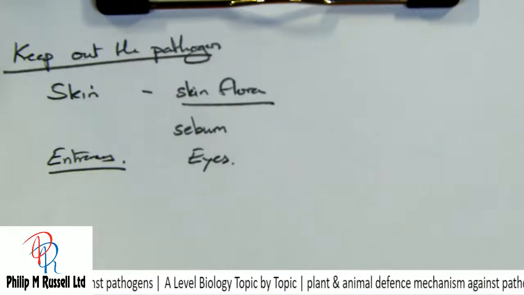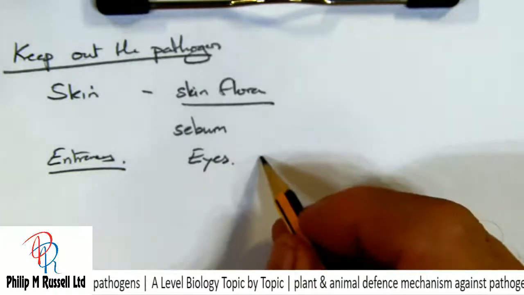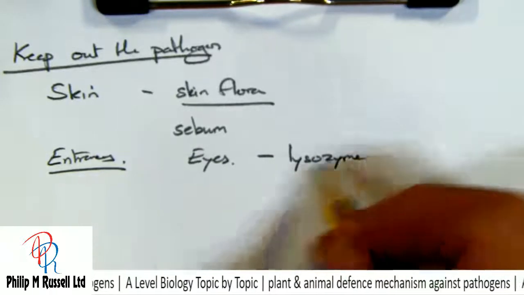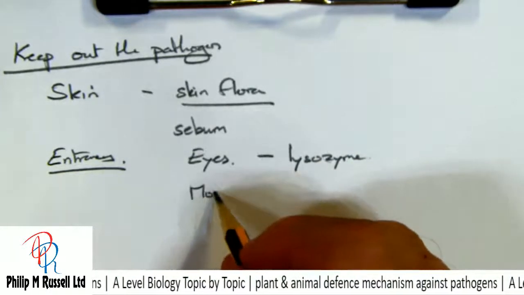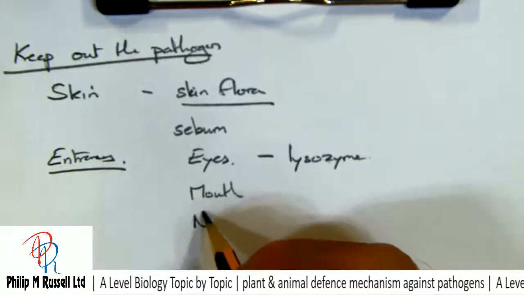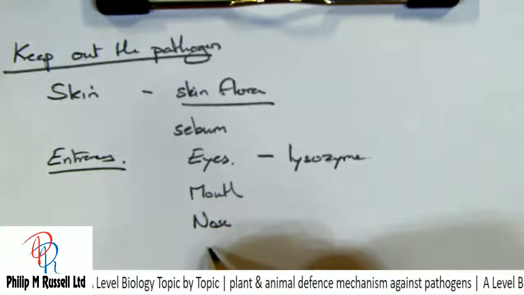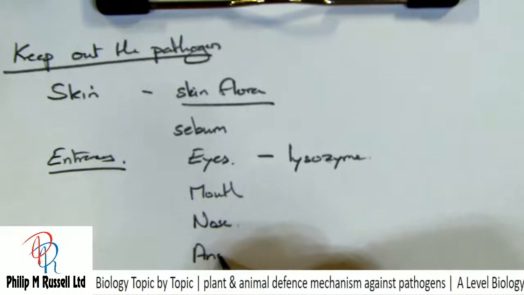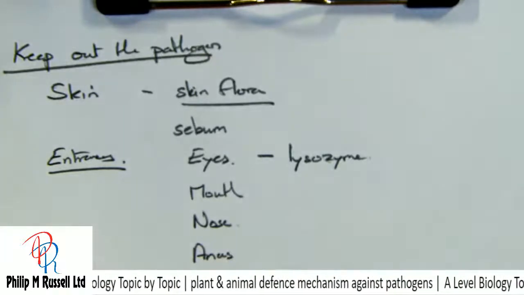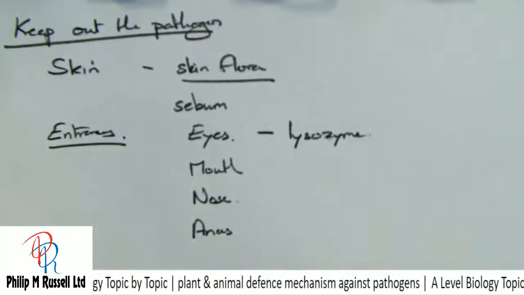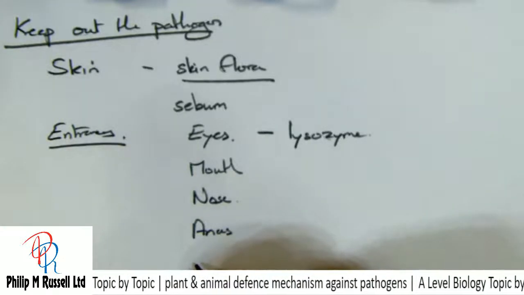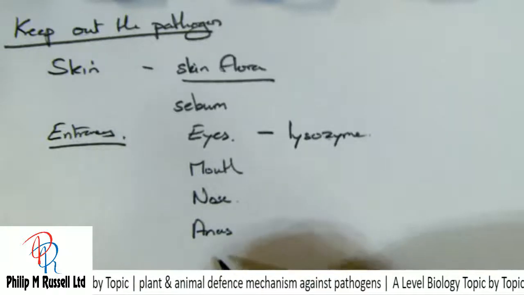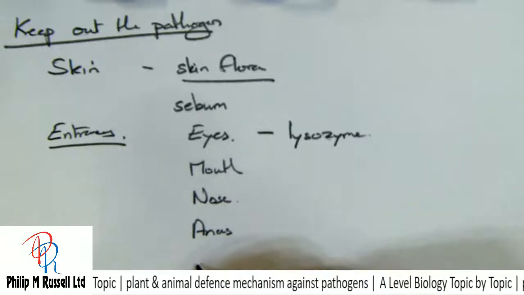Our other problem is, of course, other entrances. So we've got lysozyme, then we've got the mouth, the nose, not the ears, and the anus, and I suppose women will also have the vagina, or in males it is just the urethra.